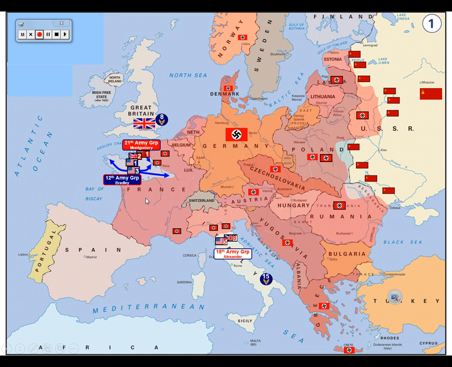Starting to release parts of France. Nazis being pushed back here. Soviets pushed back here because now the Germans are having to send more reinforcements to the Western Front. So that means you've reduced the number of troops on the Eastern Front.